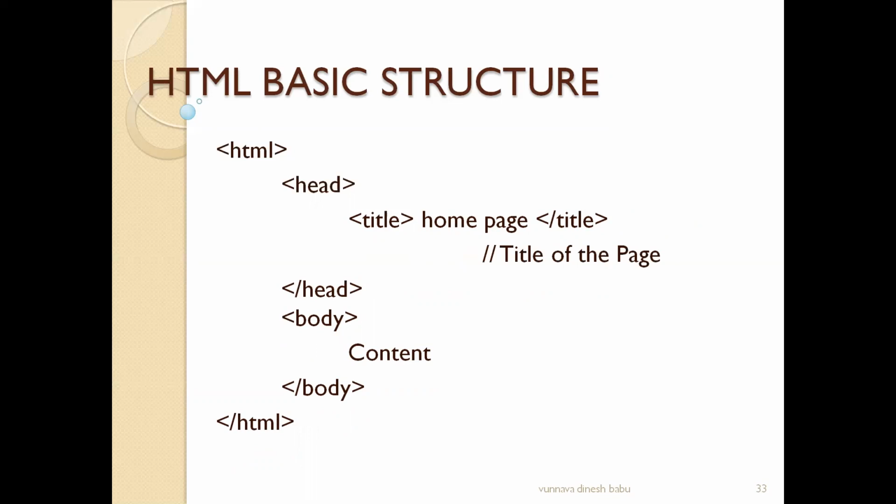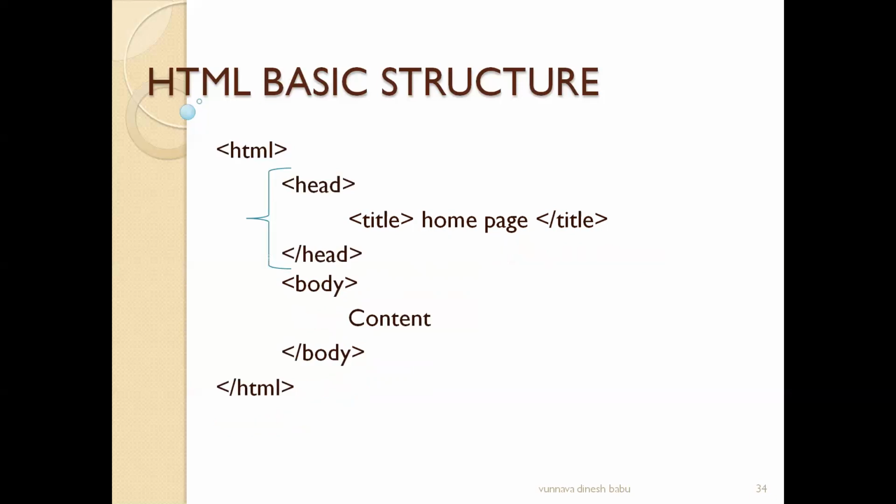So each and every HTML page will have some title. The title on that particular page is the thing which is defined in this title tag. For example, if we define the title CSC, that CSC will appear at the title bar of your output window of a particular HTML program.